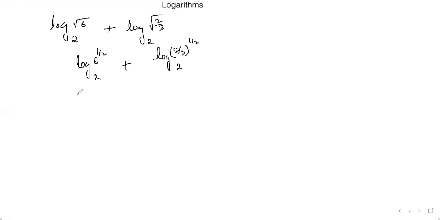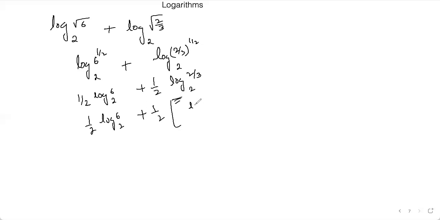So this will be half log 6 to the base 2, plus half log 2 by 3 to the base 2, right? Okay, yes, sir. We'll try to solve this part later. Okay, let us concentrate on 2 by 3. Now, by using log m by n to the base a, which is log m to the base a minus log n to the base a, let us do that.